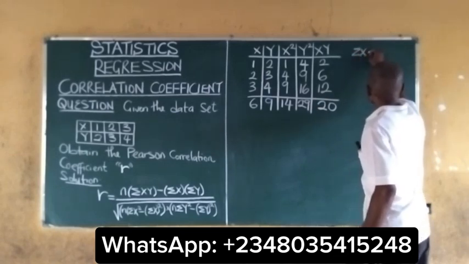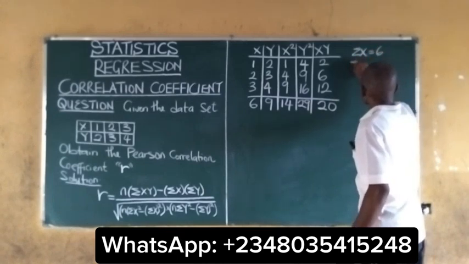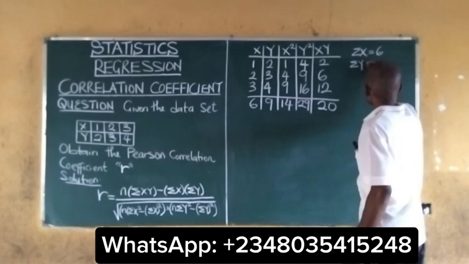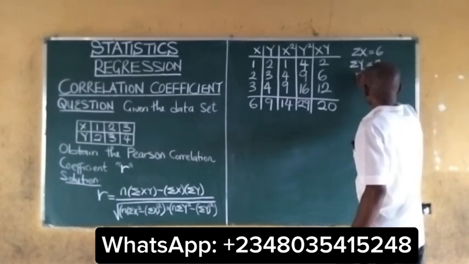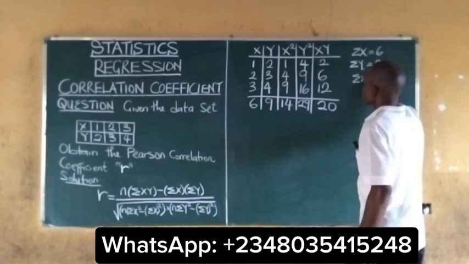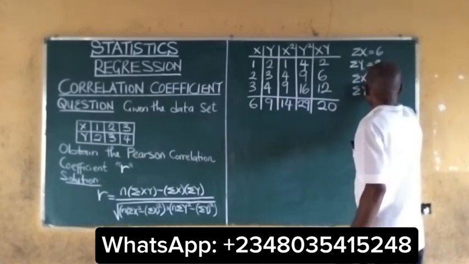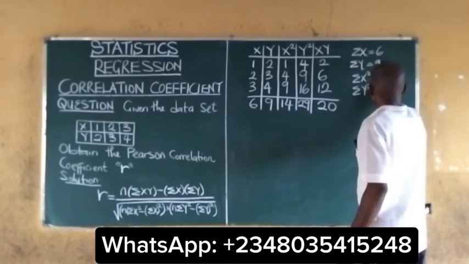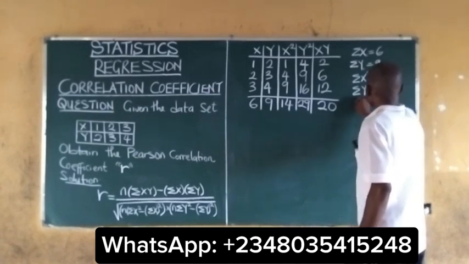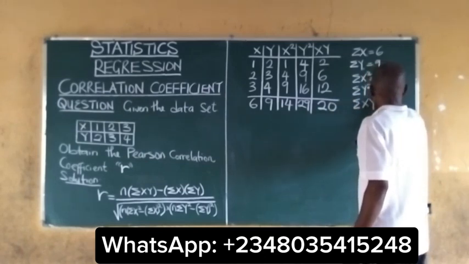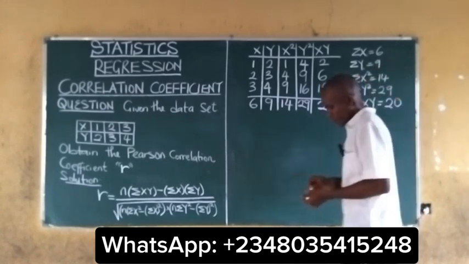It then means that we have our summation of x to be equal to 6, summation of y to be equal to 9, summation of x squared to be equal to 14, and summation of y squared to be equal to 29. Summation of xy to be equal to 20.